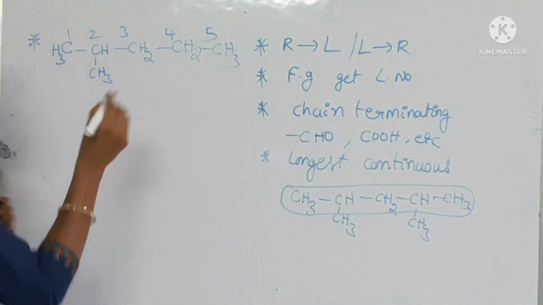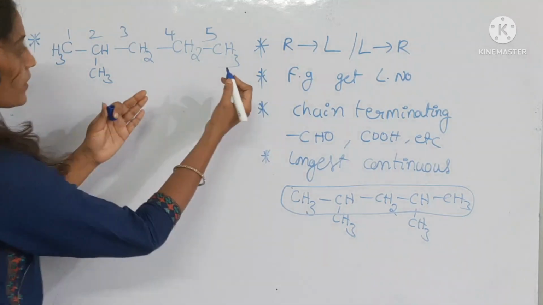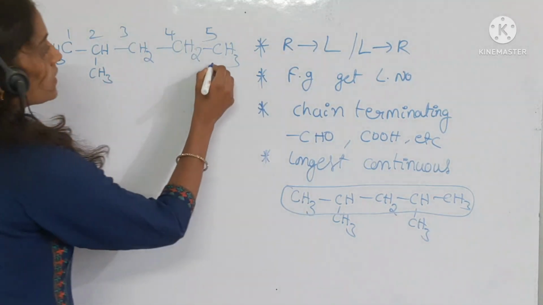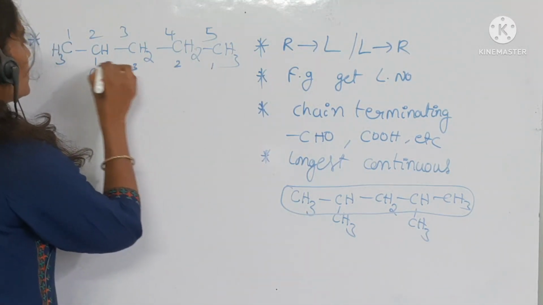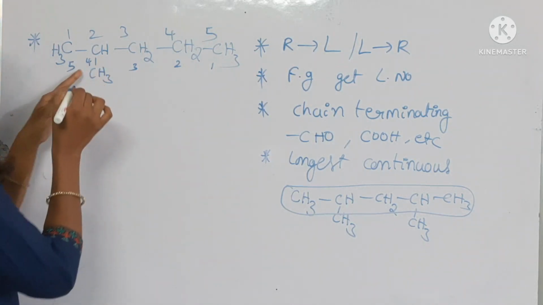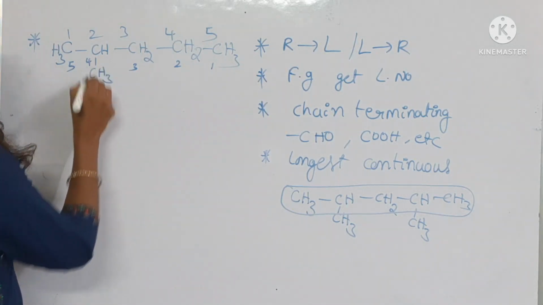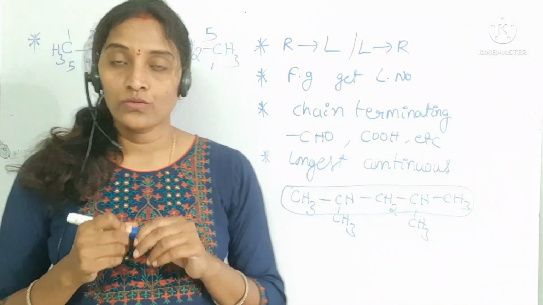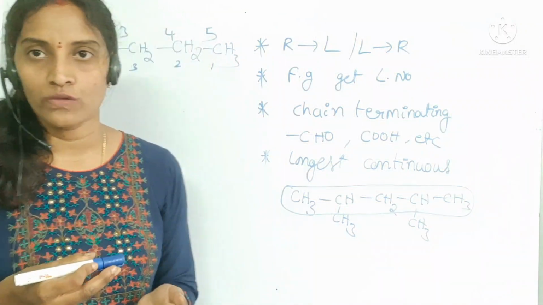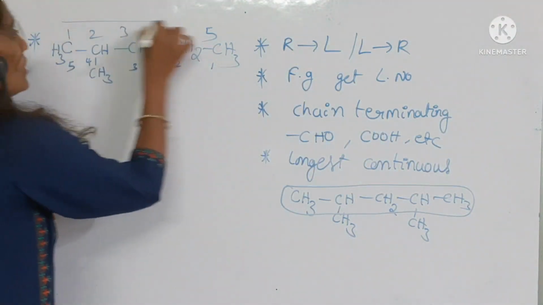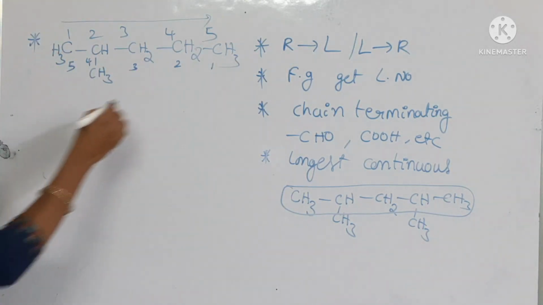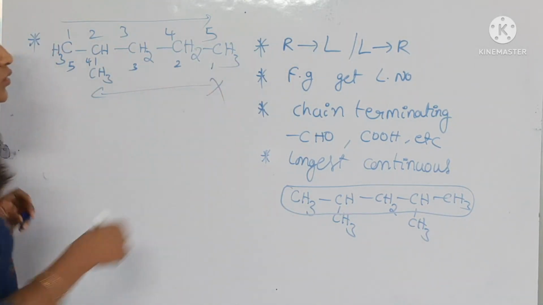Okay, see why I am saying it is lowest. If I give numbering from right to left, then 1, 2, 3, 4, 5, so the substituted carbon gets number 4. When compared to 4, 2 is the lowest one. So we have to follow left to right in this case, not right to left.